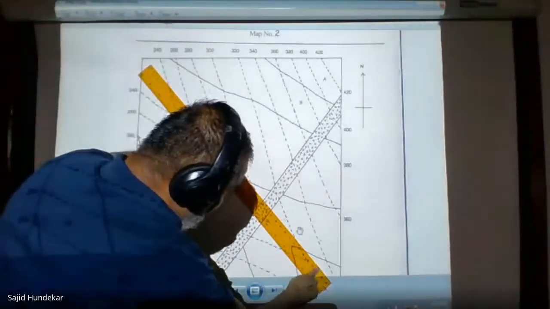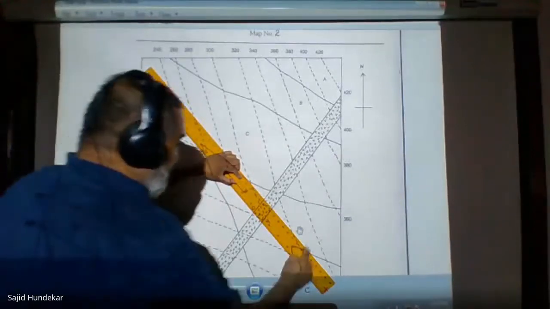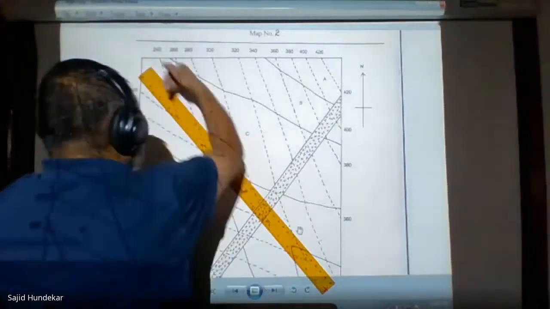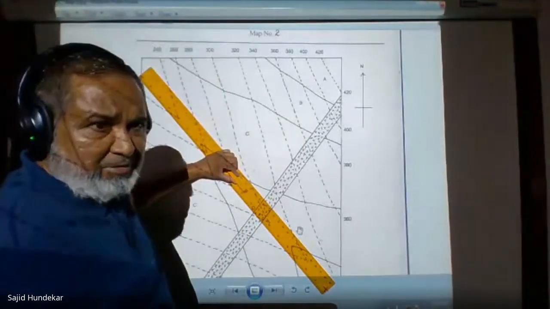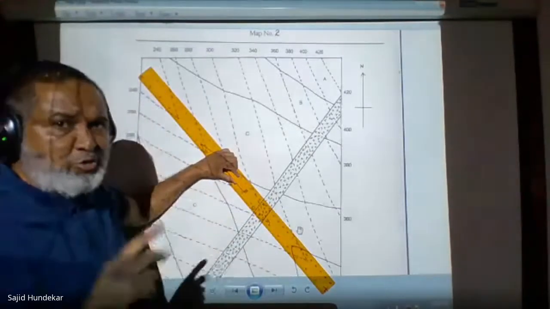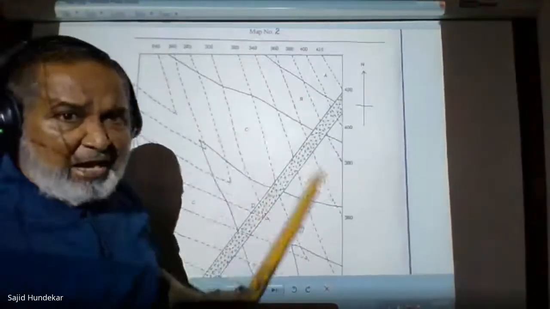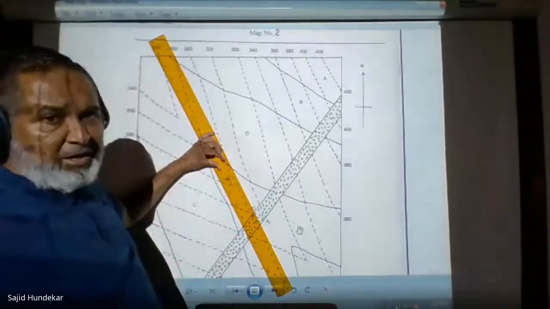From my side, I think it is 37 centimeters. You can check it out, 37 centimeters, and how many strike junctions are there? So you have to measure it and divide that, you will get the average distance between the 2 strike lines, and that will be the measure perpendicular.